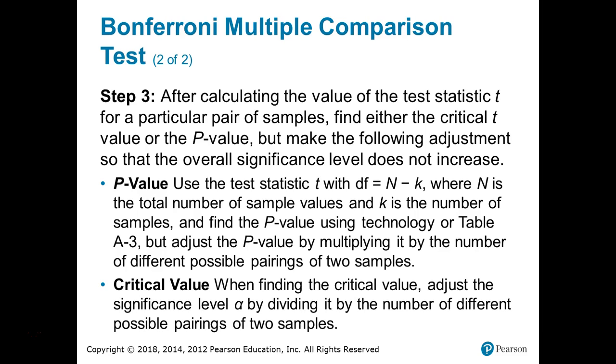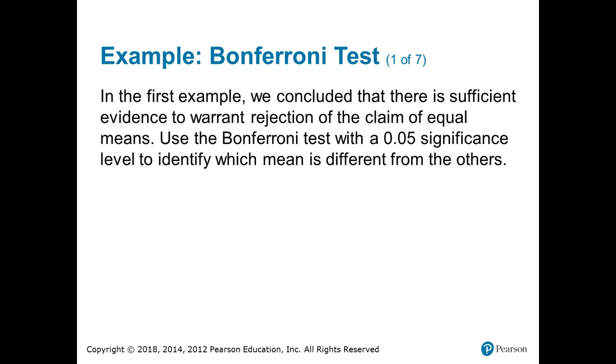And then we find the p-value using technology or table A3 and adjust the p-value by multiplying it by the number of different possible pairings of two samples. When finding the critical value, adjust the significance level alpha by dividing it by the number of different possible pairings of two samples. So let's look at an example of that.